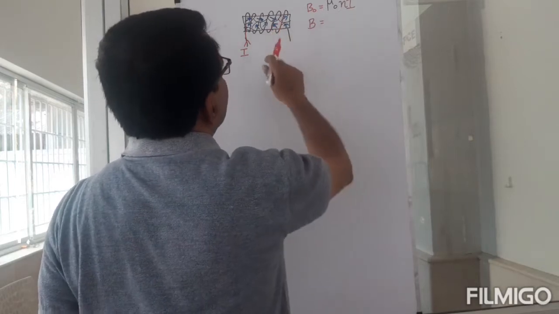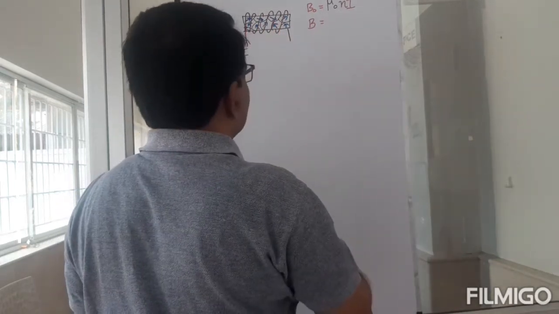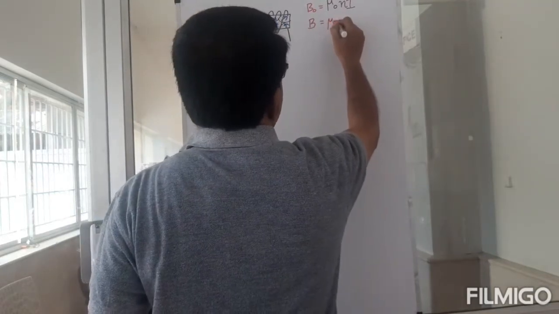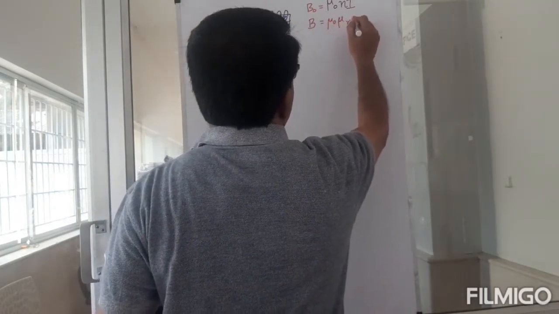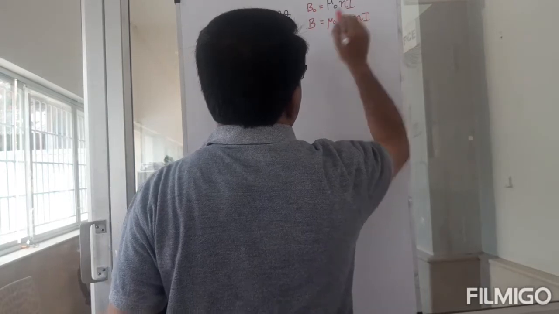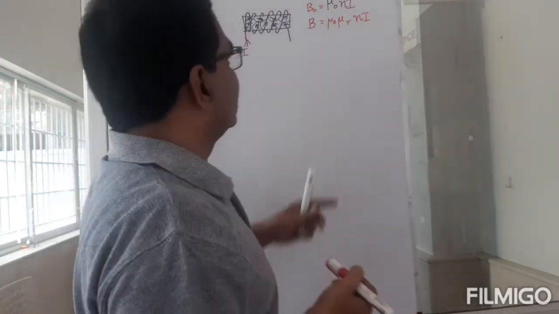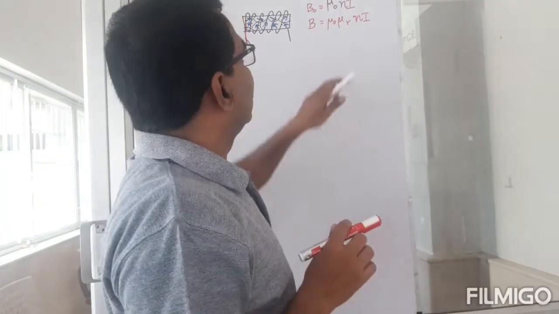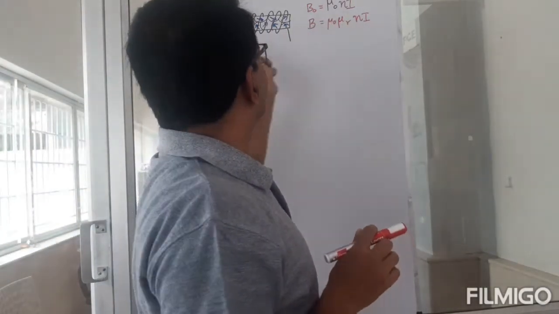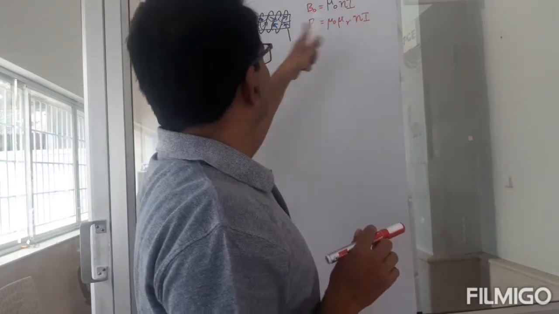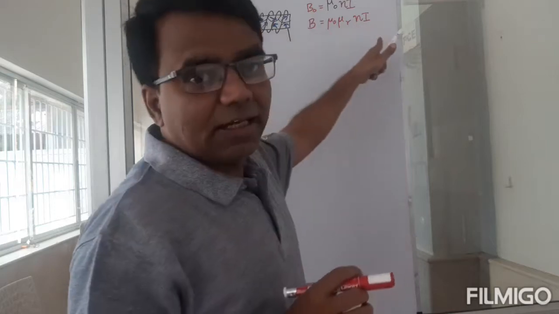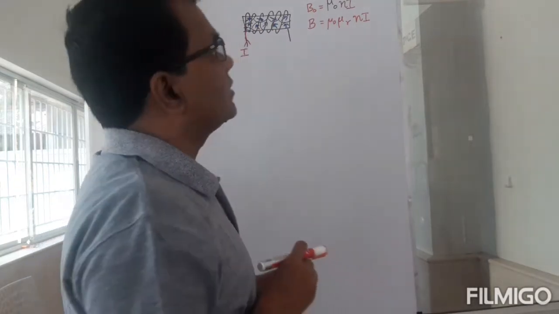So B of this field is going to be equal to mu naught mu r into n I. Let me put it this way. So mu r is the permeability of that material, and n and I are as usual the number of turns per unit length and the current flowing through.